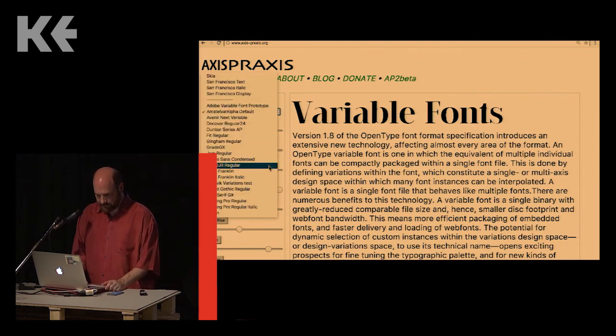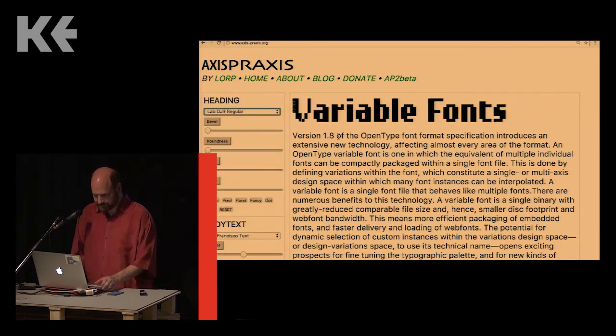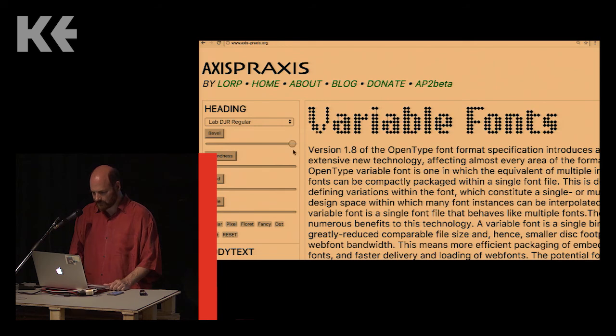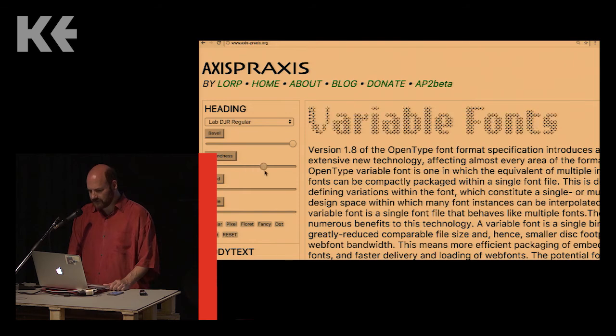And I'm going to do one or two more. Lab, by David Jonathan Ross. And one of the things we're noticing, all of a sudden in the middle here, there's this jump and there's a big discontinuity.